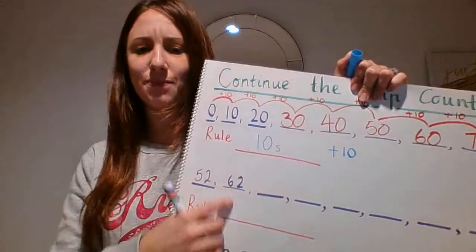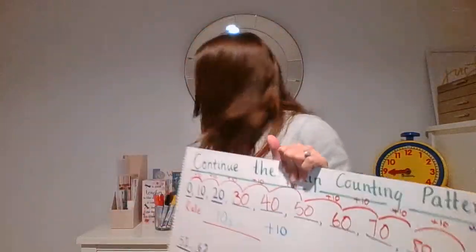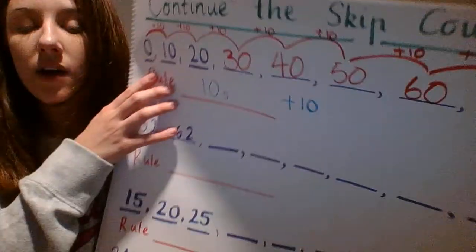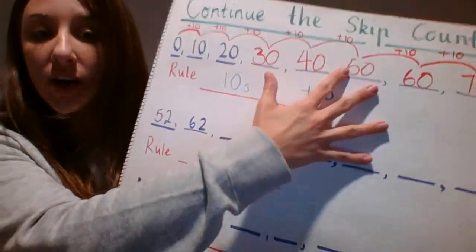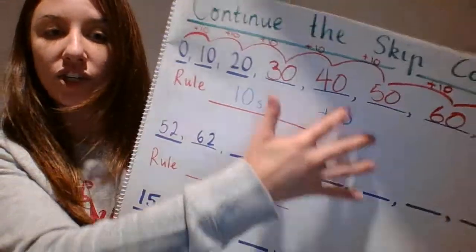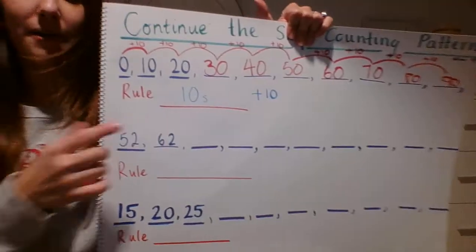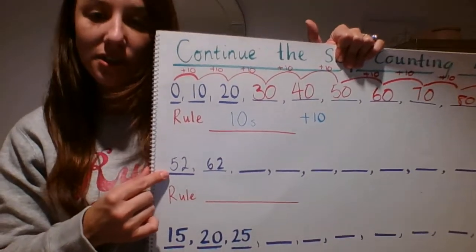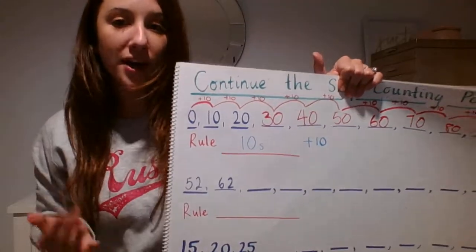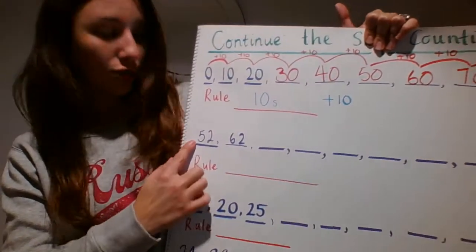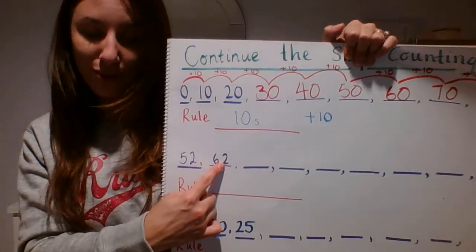Let's have a look at the next pattern. Let's see what we've got when we've identified and recognized the pattern, then we can finish it. Now let's say the numbers first because we might hear the pattern. We might know it when we hear it. 52, 62.